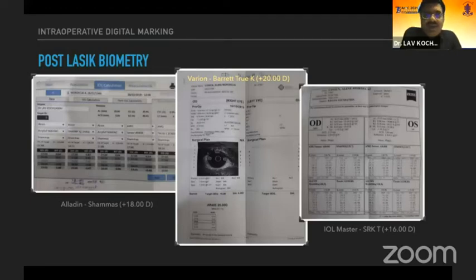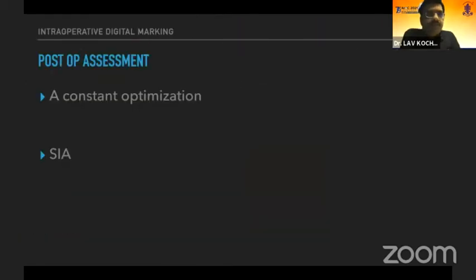But after internal discussion, Dr. Sagar suggested that we use the Shammas formula in the Aladdin, and that is what I used and got a 0 power for this patient. So this, I would say, was the limitation of the digital marker system.